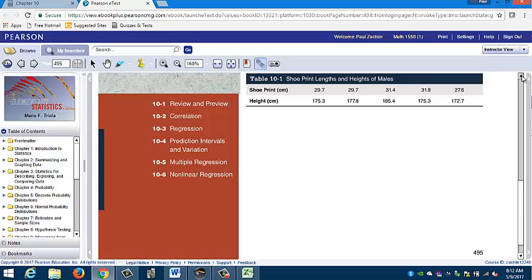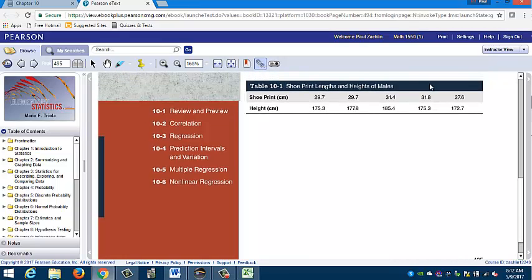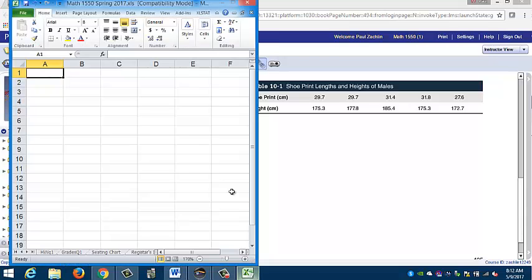Okay, here's the chart from the chapter opening problem. They have shoe prints in centimeters and heights in centimeters. What I'd like to do is put it into Excel. So I'll write shoe, in centimeters. That'll be my first column, and my second column will be height in centimeters.